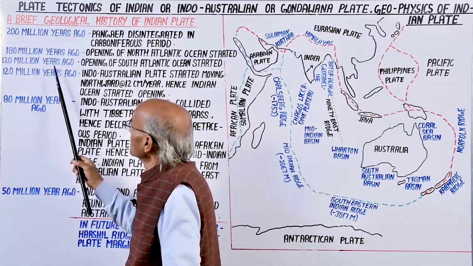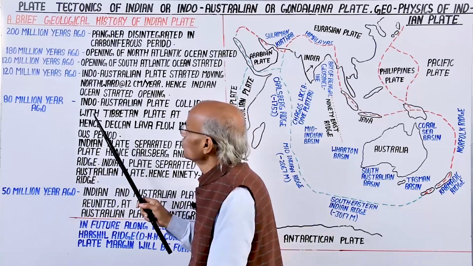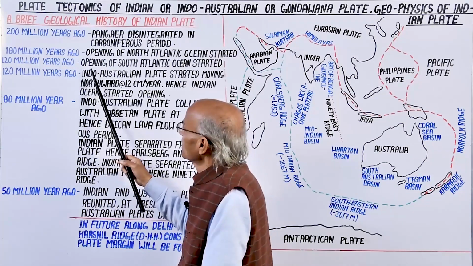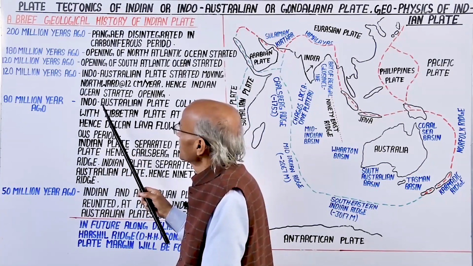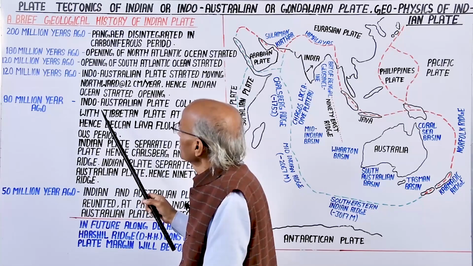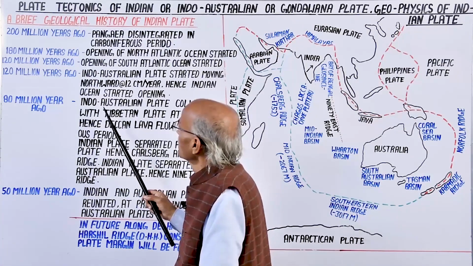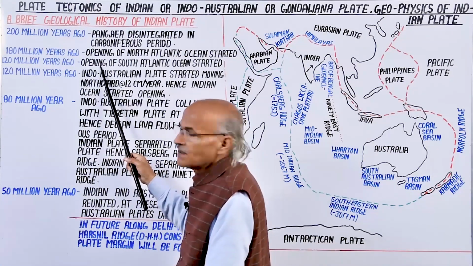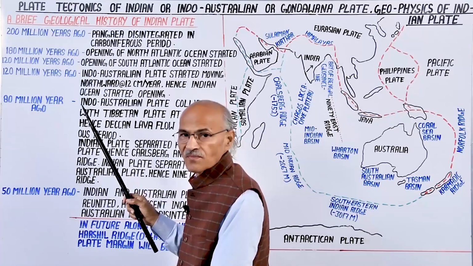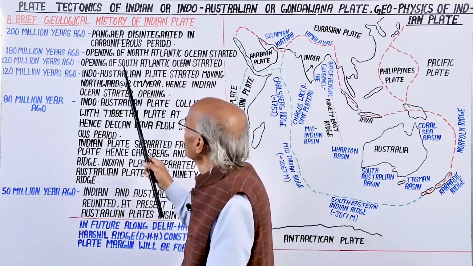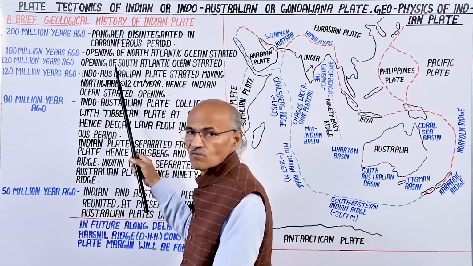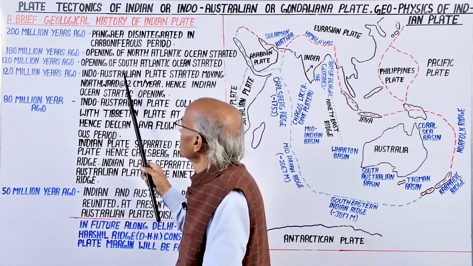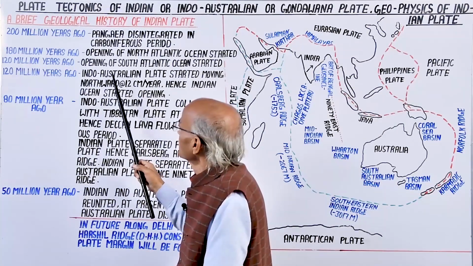120 million years back, the same two endogenic geophysical or tectonic forces operated, with the result that the southern Gondwana land was broken in several parts, and its western part, that is the South American continent, started moving westward and was separated from the African continent.